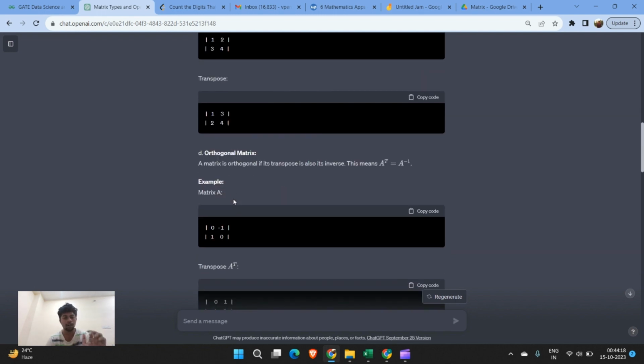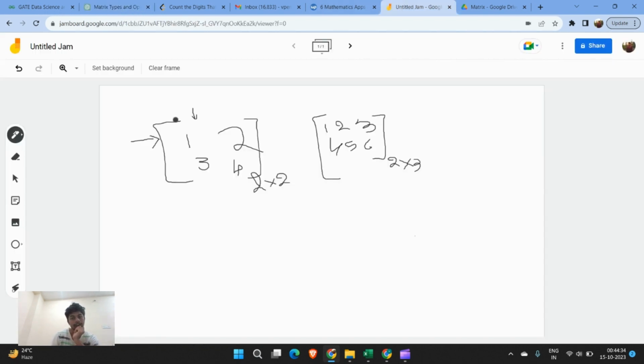And the orthogonal matrix. An orthogonal matrix means if you have some A and you transpose it, the product of A and A transpose equals A transpose into A, and that is equal to I. I means the identity matrix. So what is an identity matrix? 1 0 0 1 is an identity matrix in the form of 2 by 2.